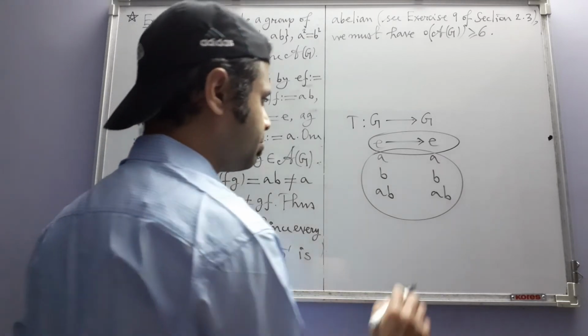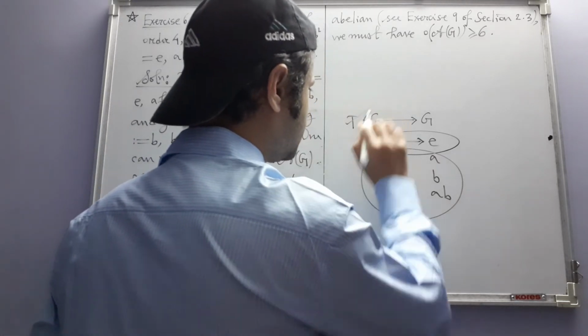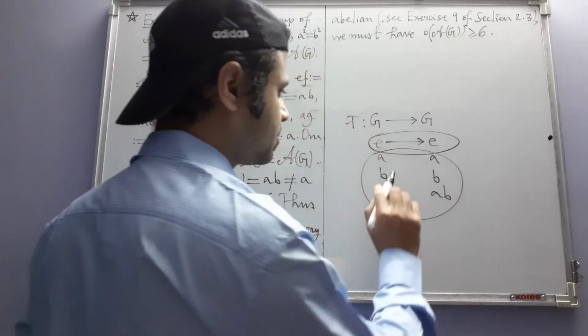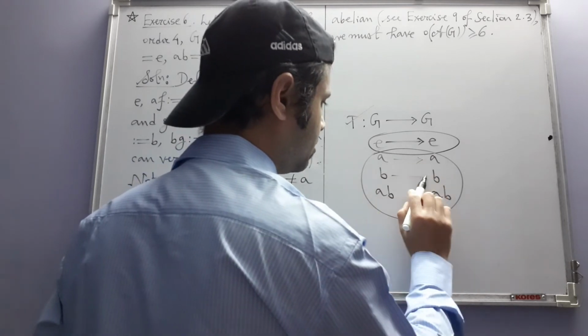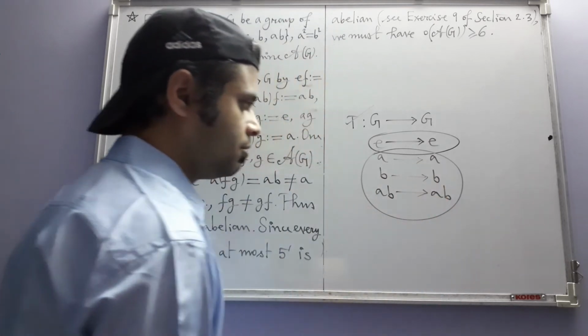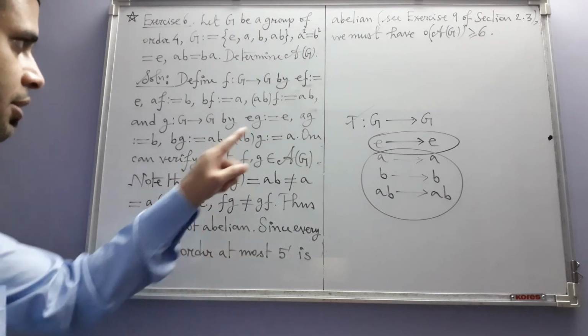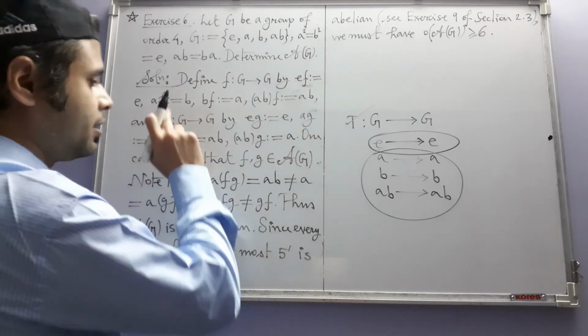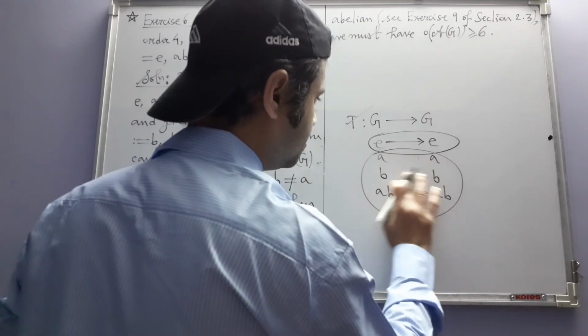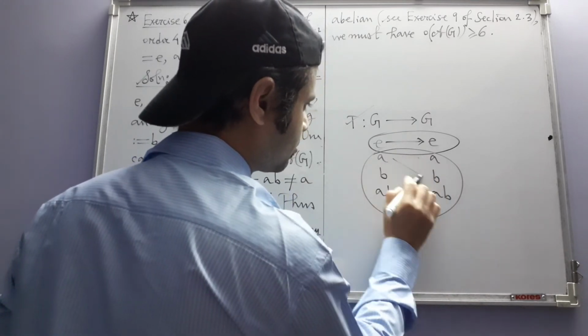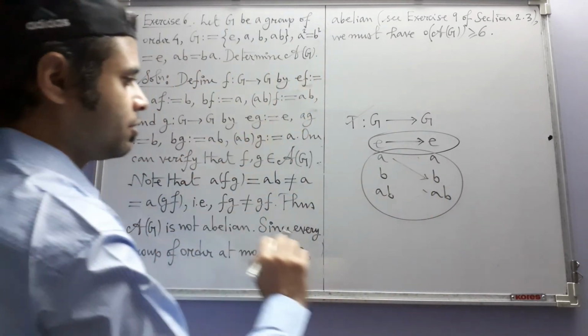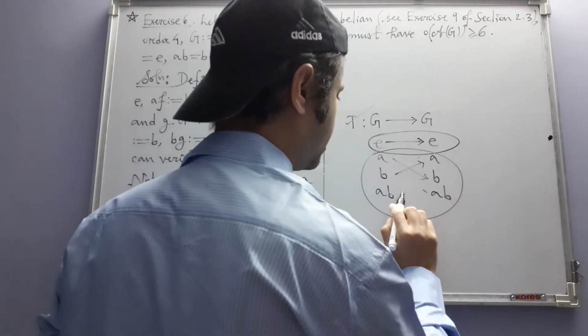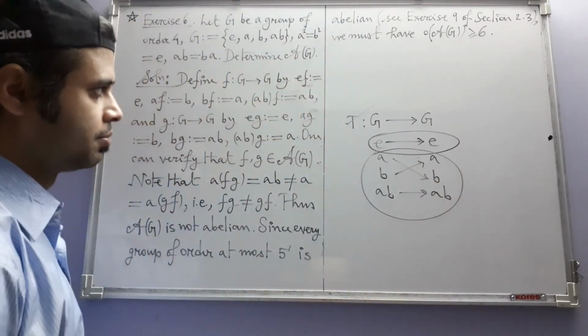That is, for example, if your T is the identity automorphism, then A gets mapped onto A, B to B, AB to AB. But if your T is this F, then A gets mapped onto B, B onto A, and AB onto AB.